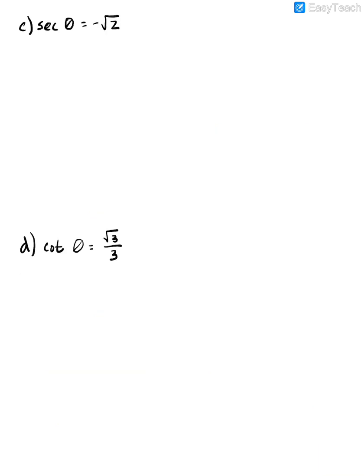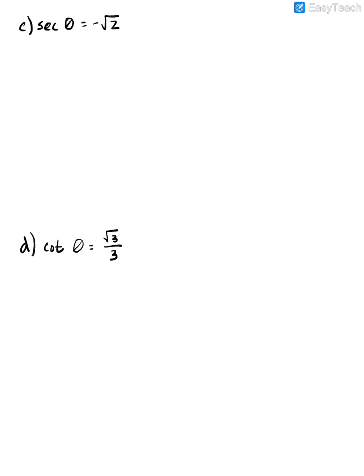A couple more. So secant of theta is equal to negative square root of 2. For that one, you want to figure out, okay, where can I get a square root of 2 in my stuff? The only places, once again, are those 45 degree angle ones, or the pi over 4s.